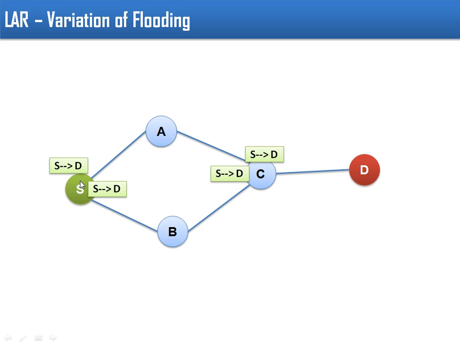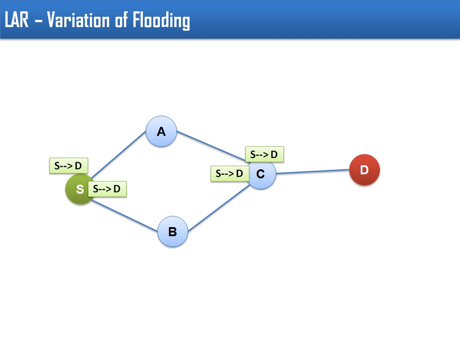So if a node sent a route request message earlier, that node will not broadcast this packet again. And how would these nodes know whether the received request packets were already sent by the same node or not?